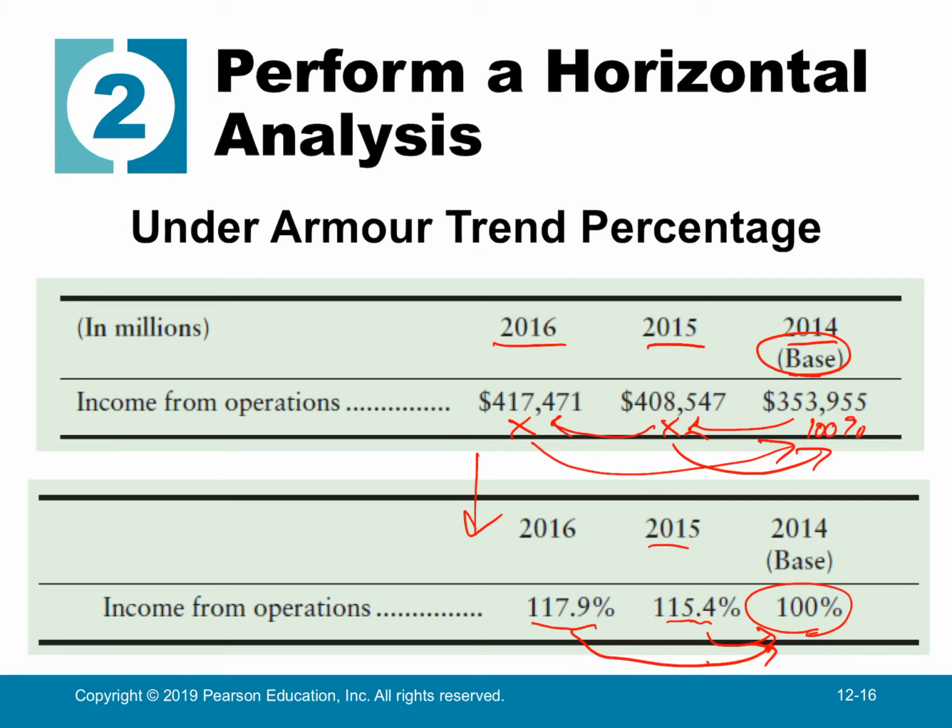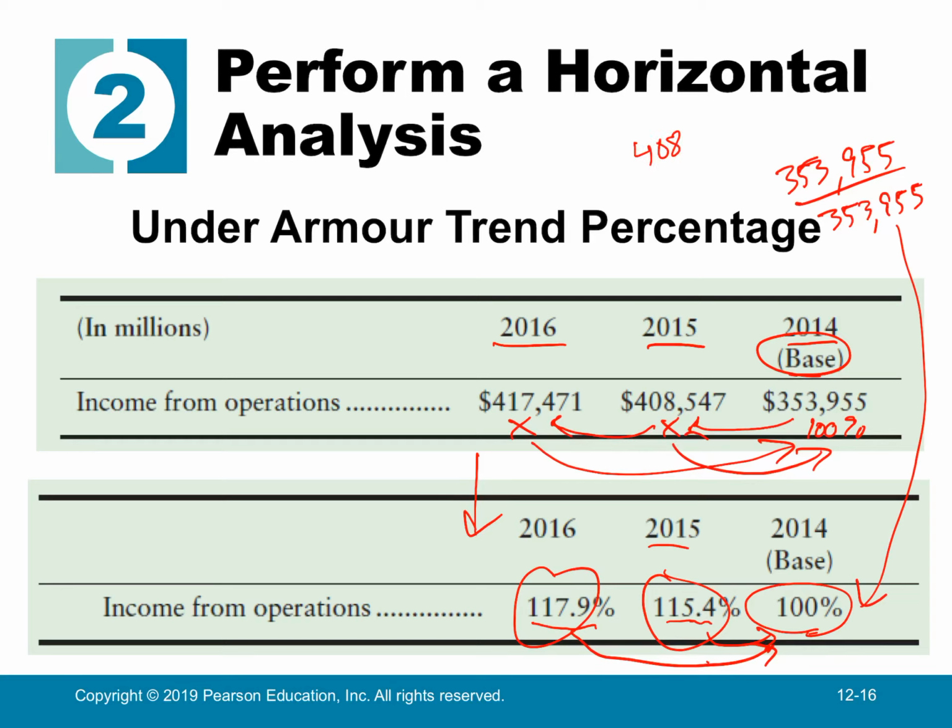So I want to just be clear before I move on. Let me make sure everyone understands the calculation here, how these percentages came about. So this 100% is just 353,955 divided by 353,955, right? So that's going to give us 100%. 2015 is just 408,547. Whoops, that's a 7. Divided by 353,955.